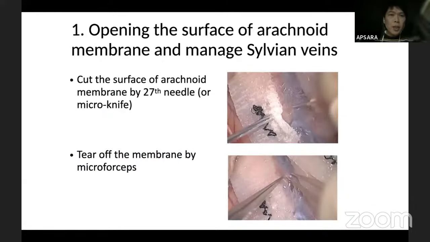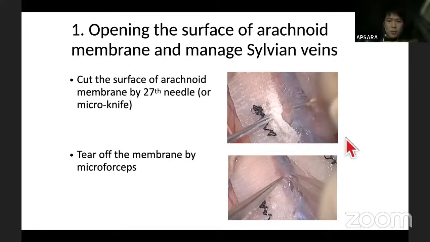This is what I usually perform to open the Sylvian fissure first. First, I use a 27-gauge needle to cut the arachnoid membrane on the surface. I know some institutions may have a micro knife to cut here, but at my institution, if you don't have a knife, you can use a 27-gauge needle to just cut the initial point.